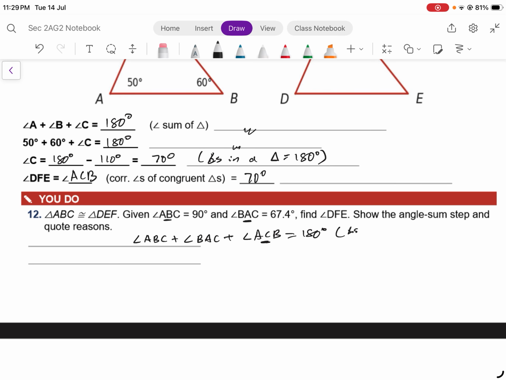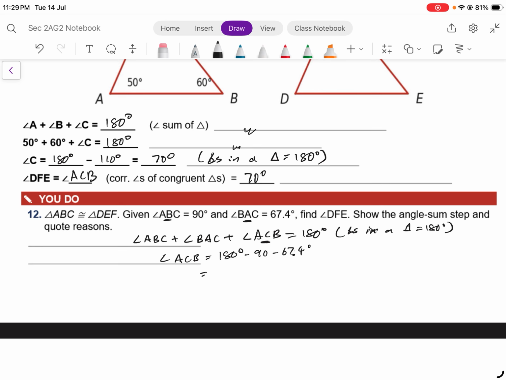Angles in a triangle equal 180 degrees. So from here our angle ACB equals 180 minus 90 minus 67.4.